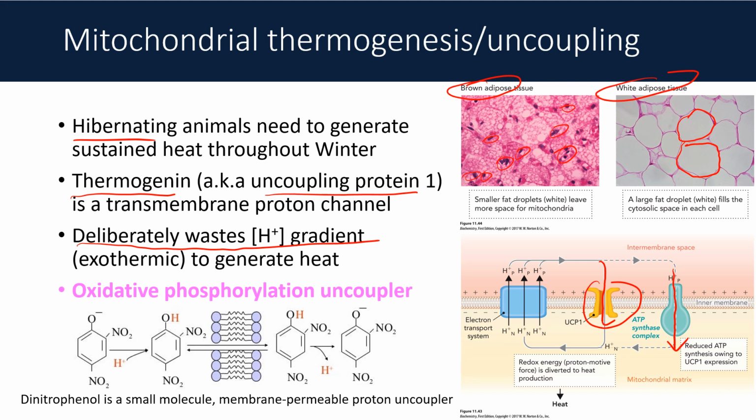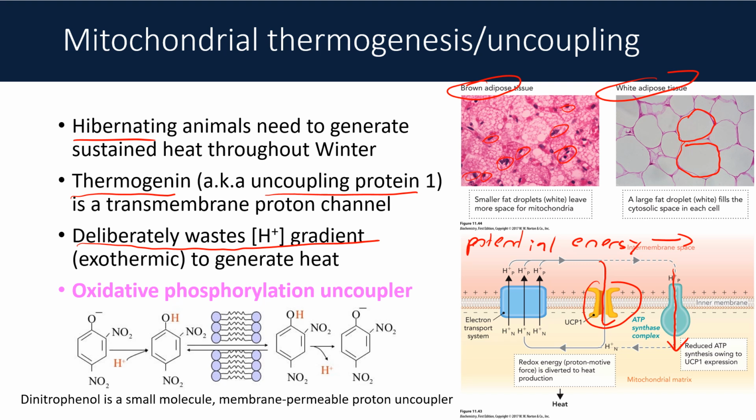The electrochemical potential generated by these pumps is a form of potential energy. By bleeding the protons from the intermembrane space back into the mitochondria without converting it into chemical energy, that means we have to convert it into another form of energy, because energy and matter can't be created or destroyed, only transformed.